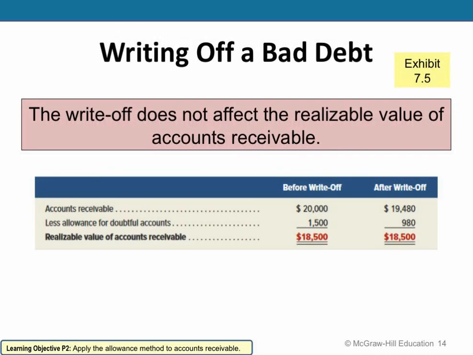We can go ahead and look at a table here that's going to help illustrate what that looks like. Previously we had $20,000 as the gross amount minus $1,500 for the allowance, which gets us $18,500 for the net.